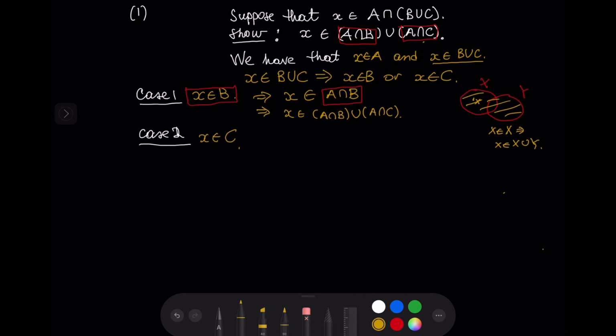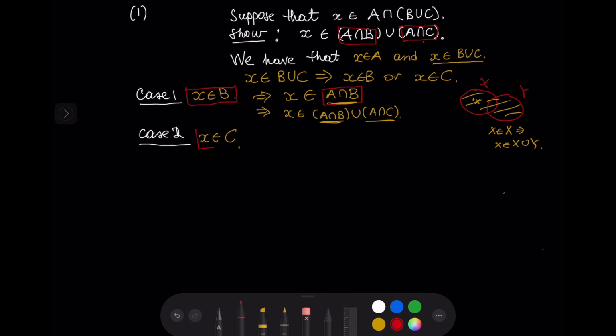So x only has to be in one of these sets to be in the union, and it is in A intersected B. Okay, so this is how we prove that x is in the set in which we want it to be in case 1. Now let us look at case 2.